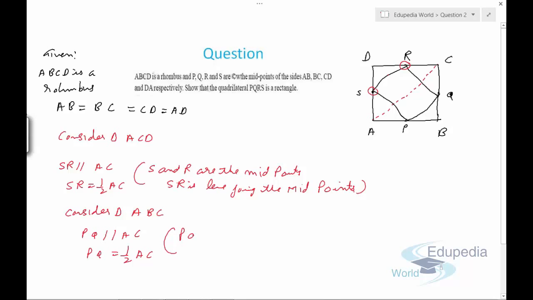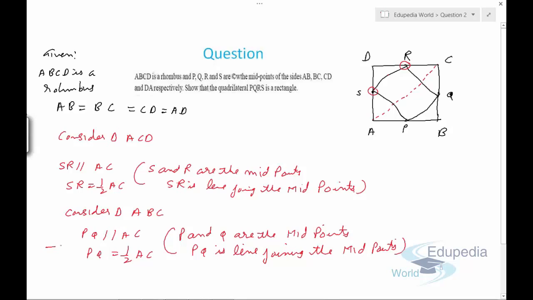Again, P and Q are the midpoints and PQ is the line joining the midpoints. So by the midpoint theorem, PQ is half of AC and PQ is parallel to AC. Let this be first and let this be second.